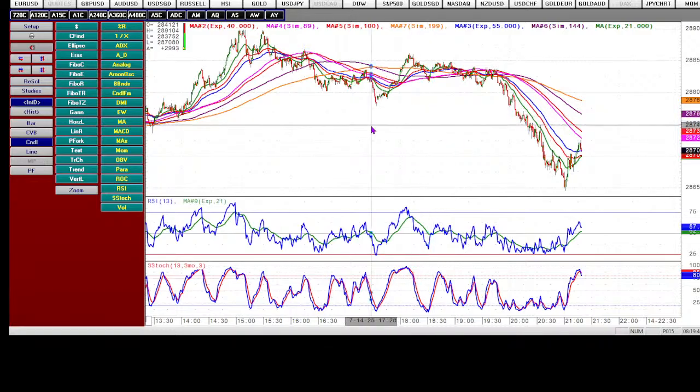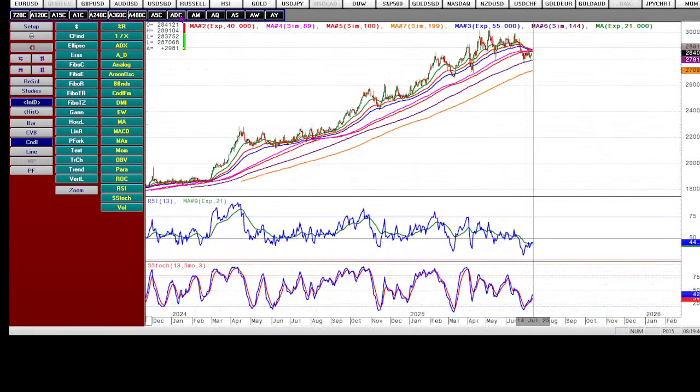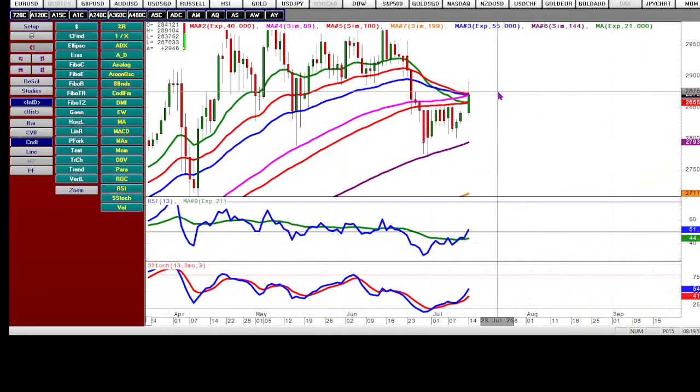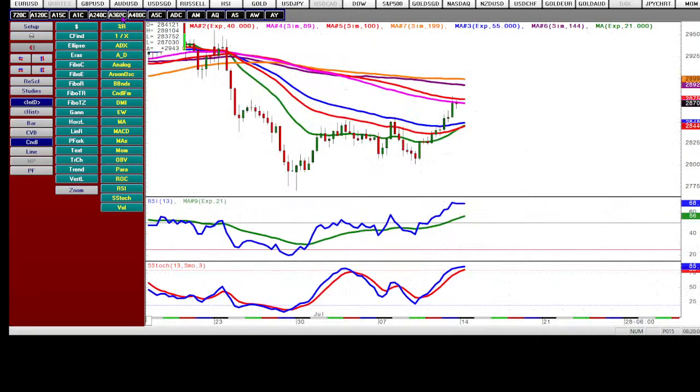Okay, this is gold against euro. So if you look into the daily, this is in an uptrend. This is trading above the previous day high, and the market is showing a lot of strength, moving in the uptrend.